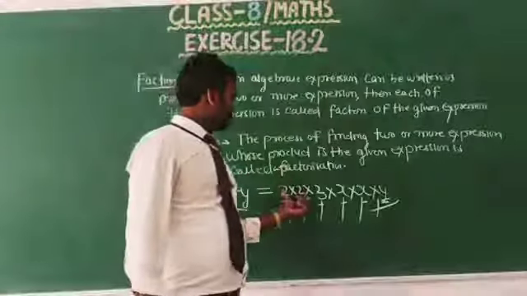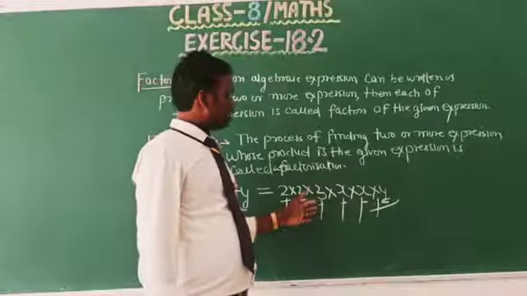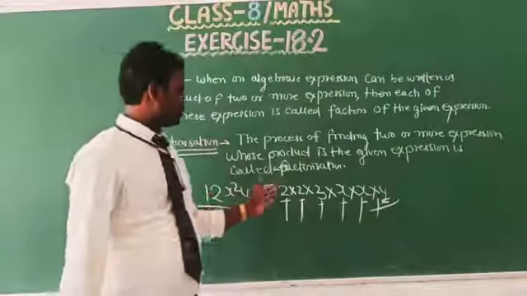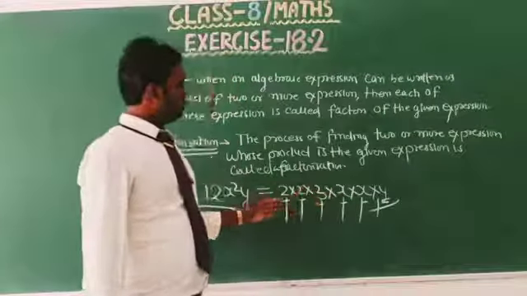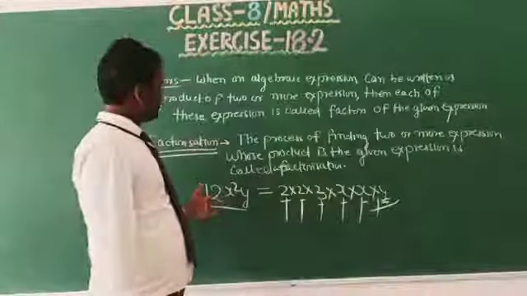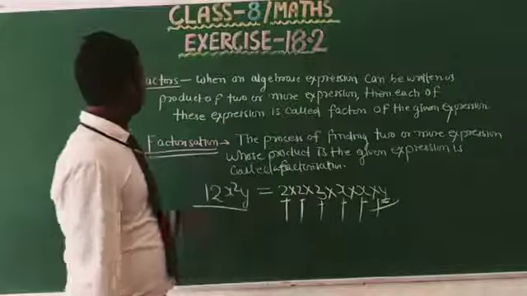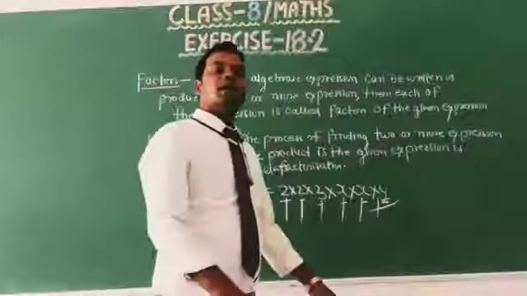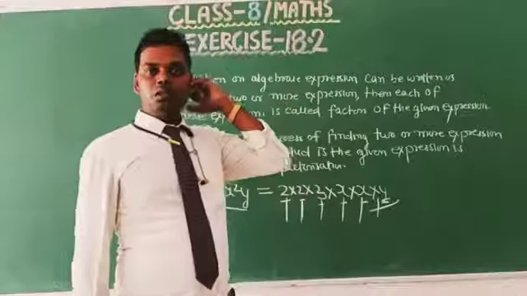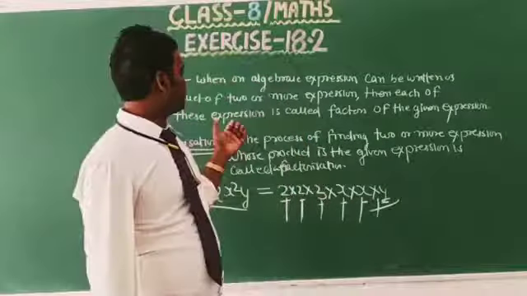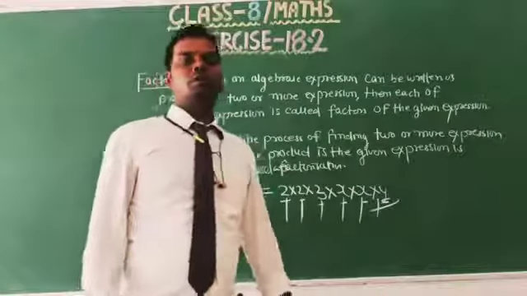Means if we multiply all the factors, then we will find the original expression, means 12x square y. Okay, so these are factors and factorization. And now in exercise 18.2, I will solve problems based on factors and factorization of an algebraic expression.